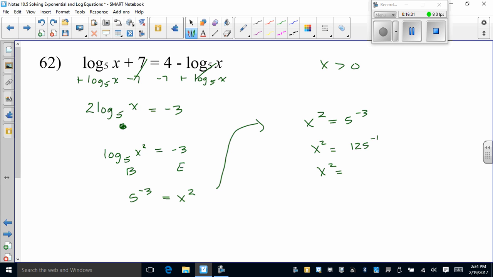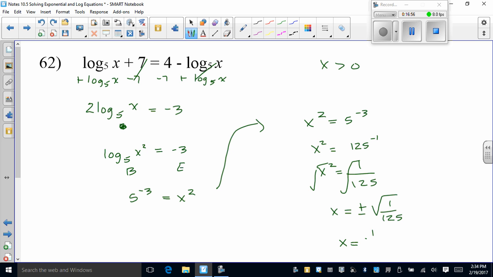And if I square root both sides, I get x equals plus or minus the square root of 1 over 125. Now, domain tells me it has to be a positive number, so we lose the negative. So x equals 1 over square root of 125.